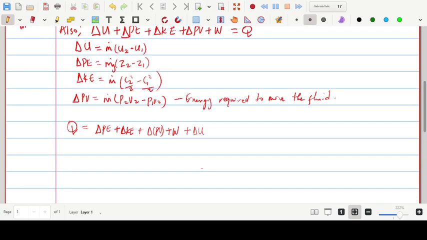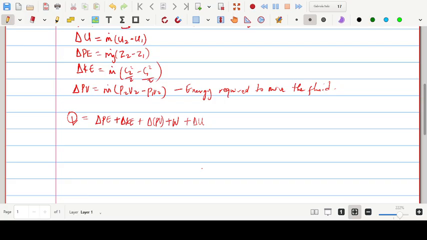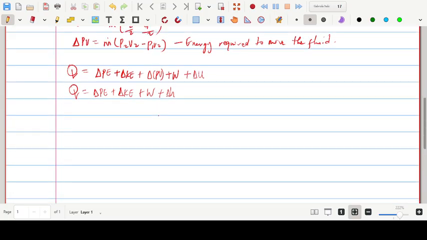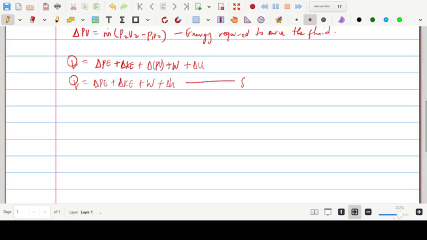But because the change in internal energy and the PV are together, we can change them to be H. So this one will now be Q equals change in potential plus change in kinetic plus work done, plus change in H, which is the enthalpy. That is the enthalpy. So this one is for steady flow. But in a case that we now have a flow, this is for steady flow.